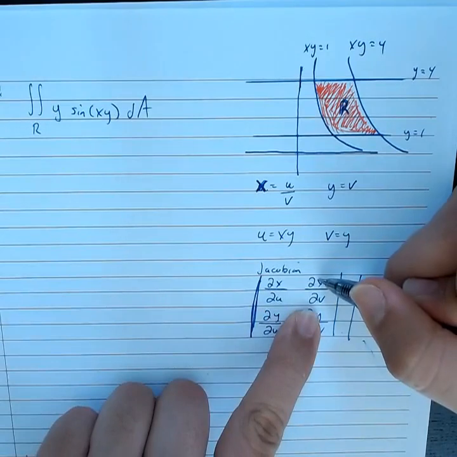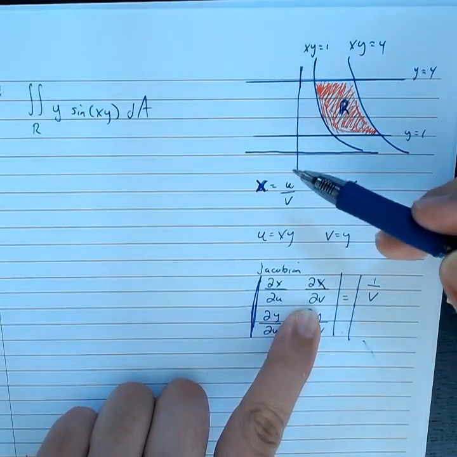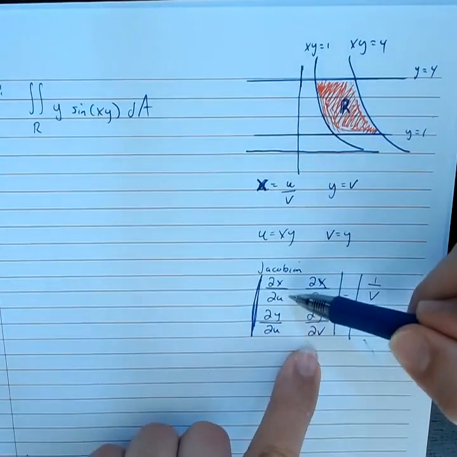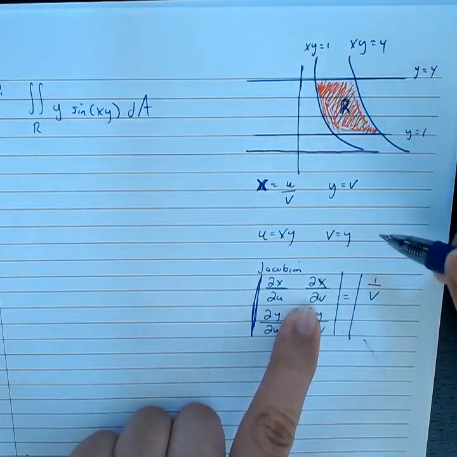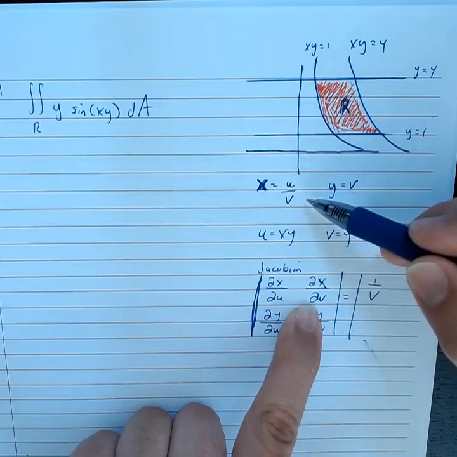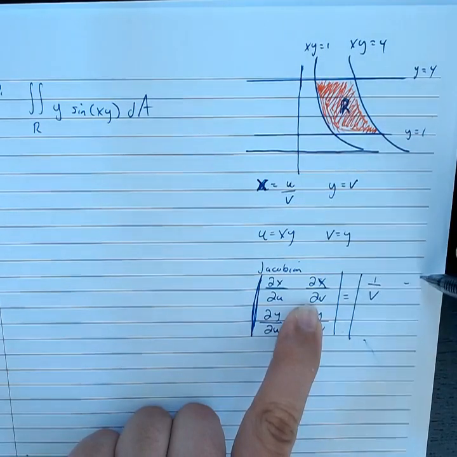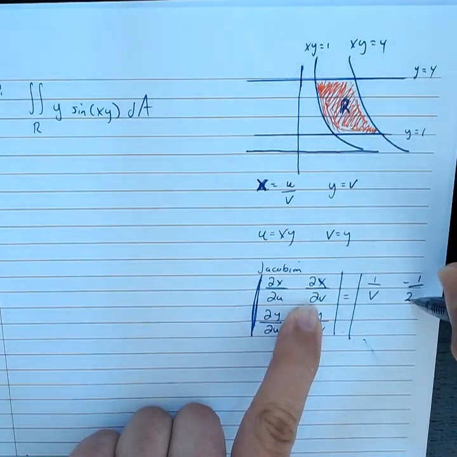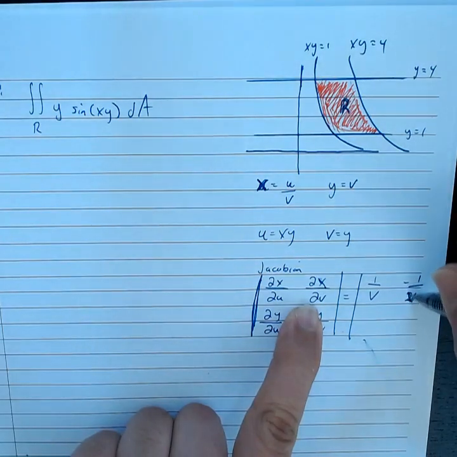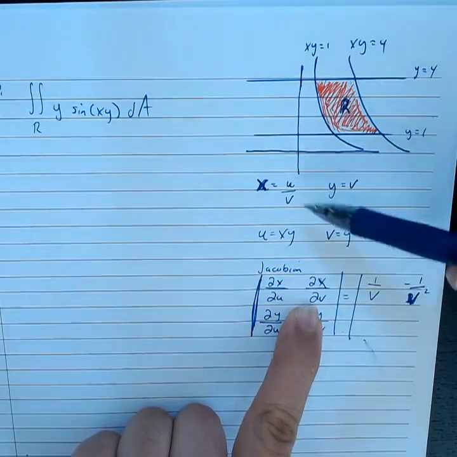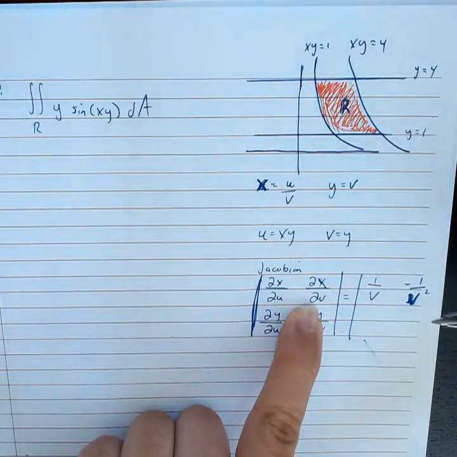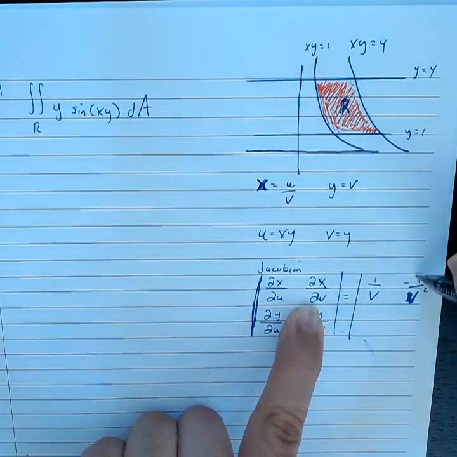The derivative of x with respect to v, that's going to be a constant over v, which if I take the derivative is negative 1 over v squared. The derivative of 1 over v is negative 1 over v squared, but that is a constant, so that should be brought in.